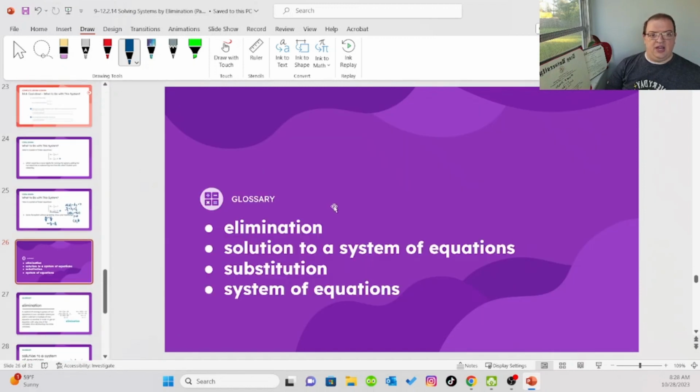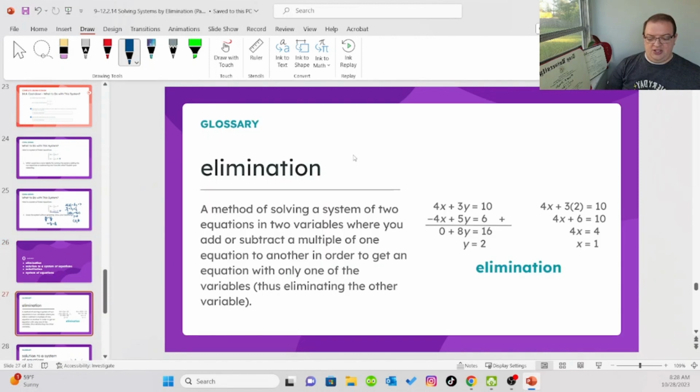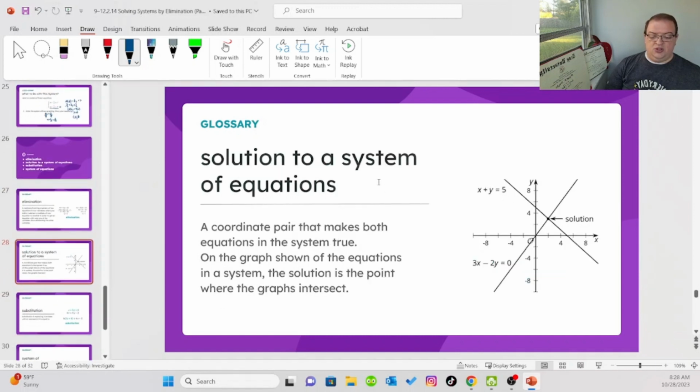Our glossary has 4 terms for this lesson. Elimination, a method of solving a system of 2 equations in 2 variables where you add or subtract a multiple of one equation to another in order to get an equation with only one of the variables, thus eliminating the other variable. Solution to a system of equations, a coordinate pair that makes both equations in the system true.